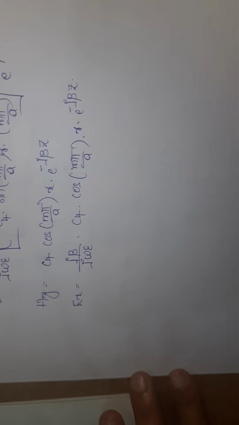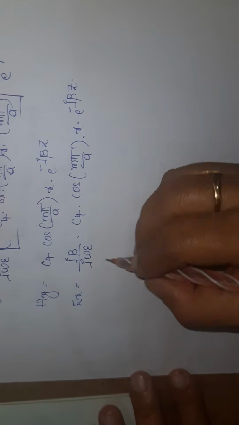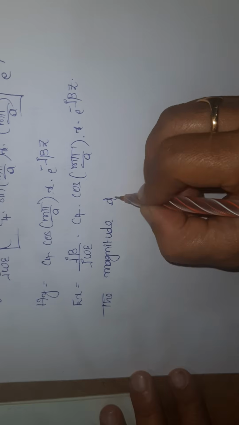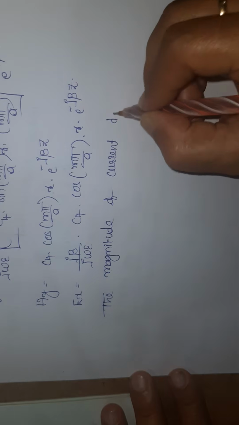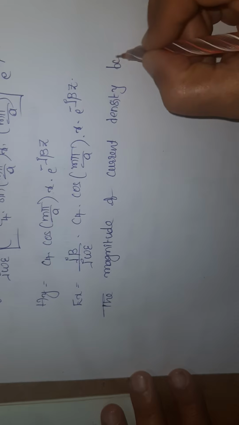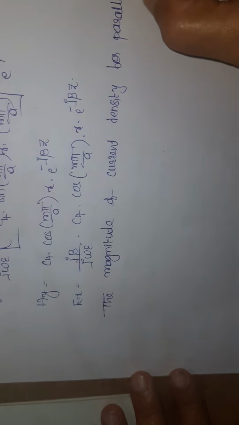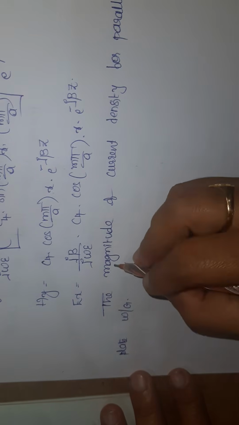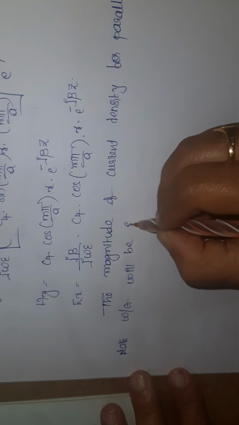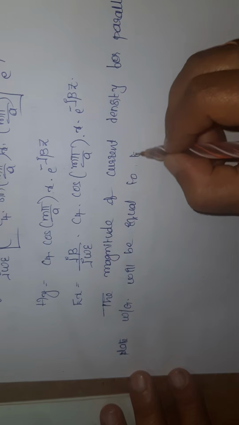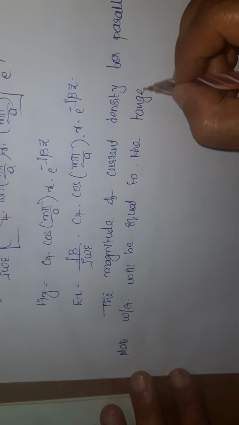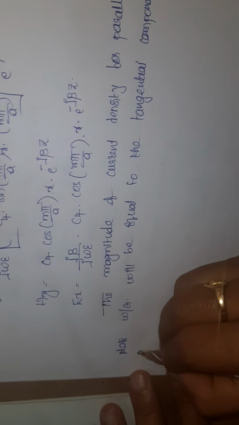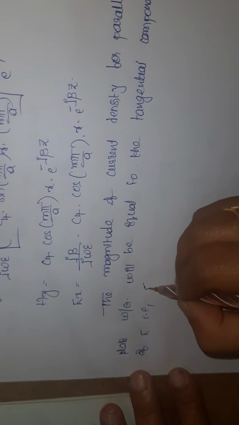Okay, now the magnitude of current density for parallel plane waveguides will be equal to the tangential component of electric field intensity, that is Ez.